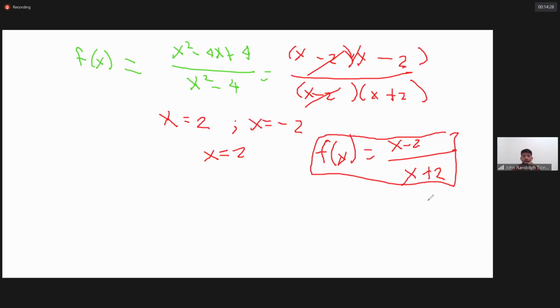What's the zero here? X equals 2. Okay, x equals 2. Kasi tingnan mo sa, what do you call this one? Sa denominator. Okay, that will make our equation, what do you call this one? 0. Okay, so x equals 2.